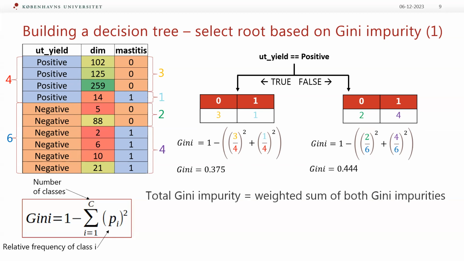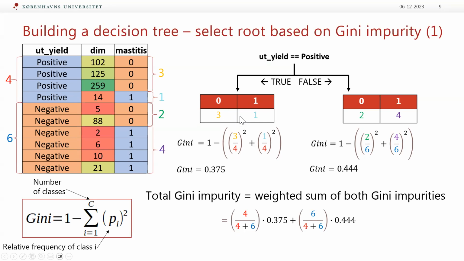Okay. Now we can use these values to calculate the total Gini impurity of this split. We do that by calculating the weighted sum of both Gini values. The Gini impurities will be weighted by the relative number of observations in each node. So this node had a total of 4 observations, and between the 2 we had a total of 10 observations.